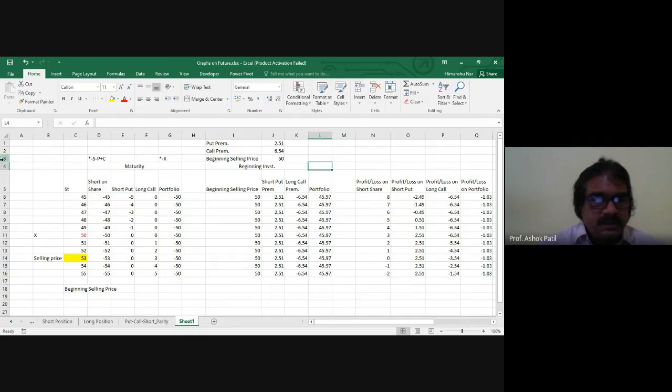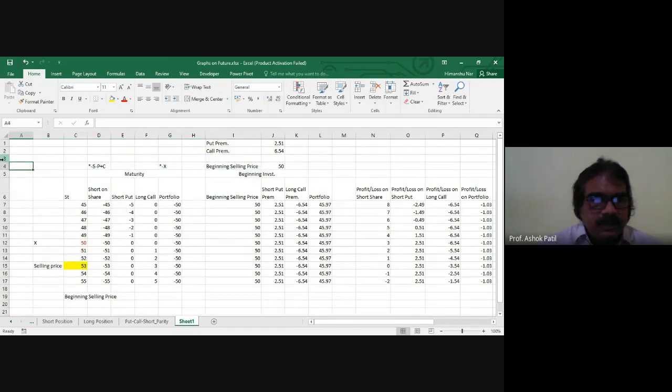Yes, insert one row and write X over there. The exercise price you can write it. Okay, all right. And write 50 there also.